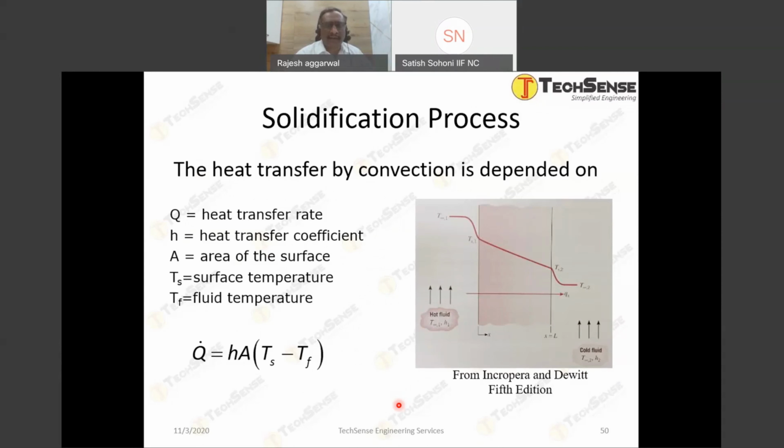The heat transfer rate is defined by the heat transfer coefficient, area of the surface temperature, and the fluid temperature. Again, the delta, right? The delta temperature becomes the most critical factor. The higher the delta, the higher the rate of heat transfer. The lower the delta, the lower the rate of heat transfer.